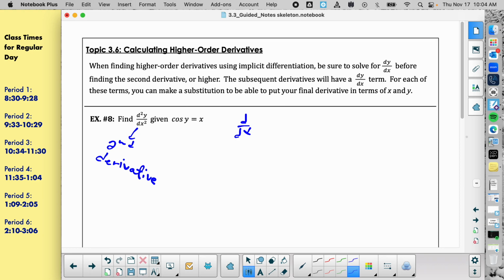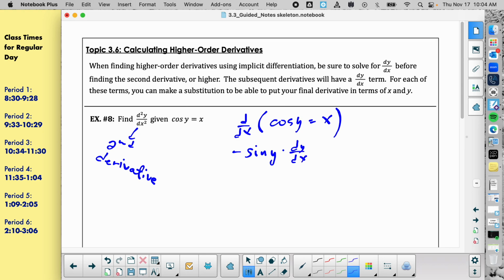Okay, so d/dx of cosine of y equals x. Looks fairly okay. Negative sine y times y prime. Actually, no, I have to write dy/dx because it says it specifically in the problem. So let's get used to doing that.